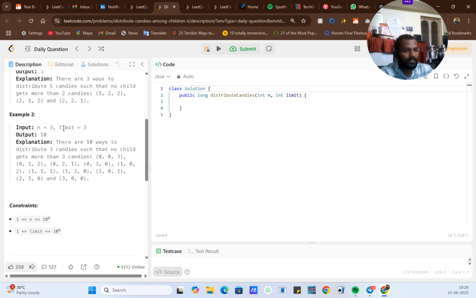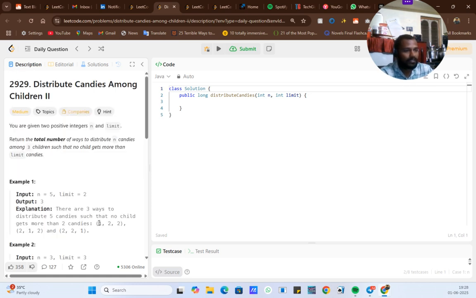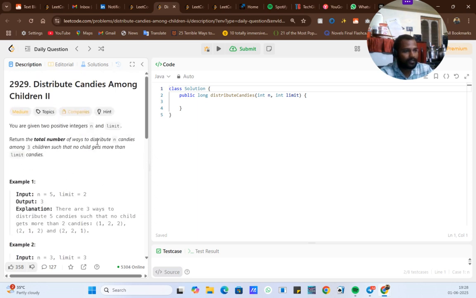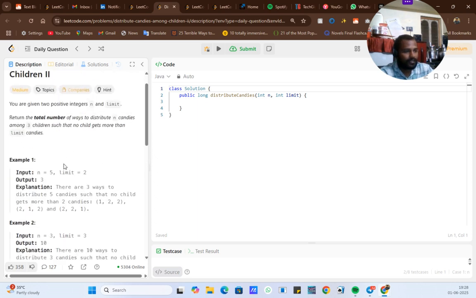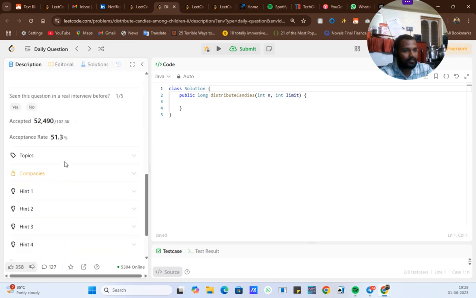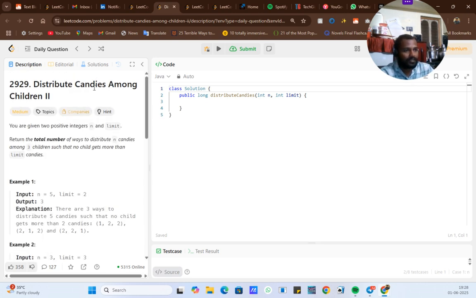Given here 5 candies and 3 children. This topic is math, combinatorics and enumeration.